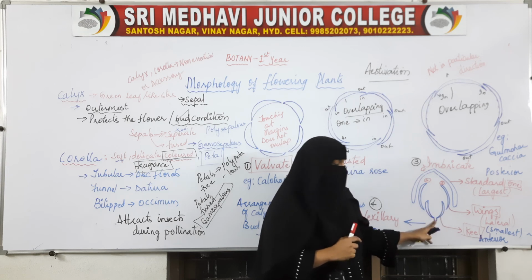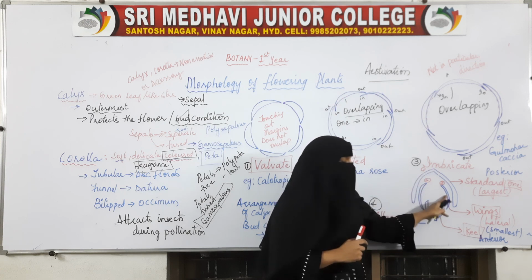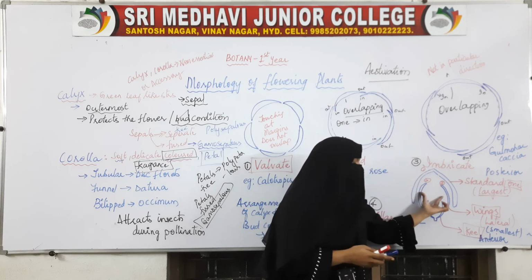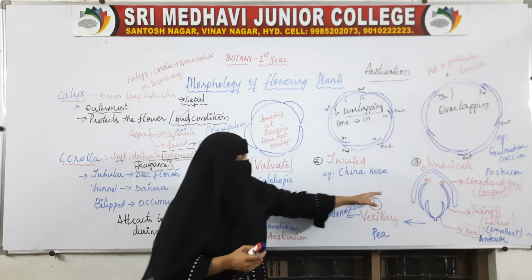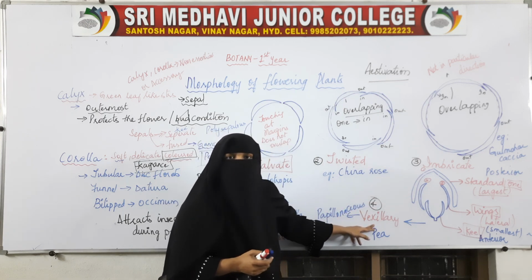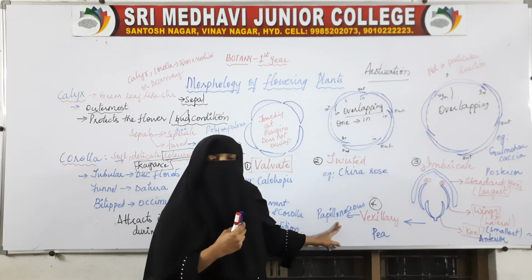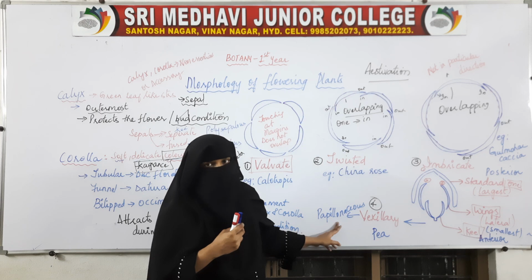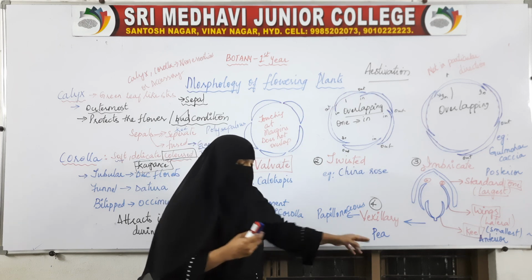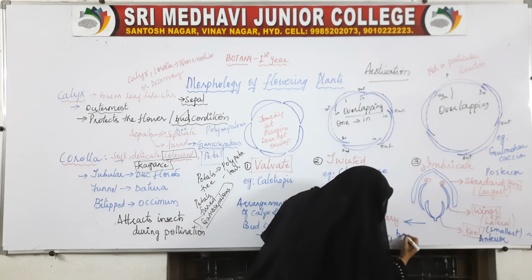These are the smallest ones, this is the largest one, and these 2 are the wings. This type of arrangement of petals or sepals is called vexillary estivation, or we can even call it papilionaceous estivation. This is seen in beans.